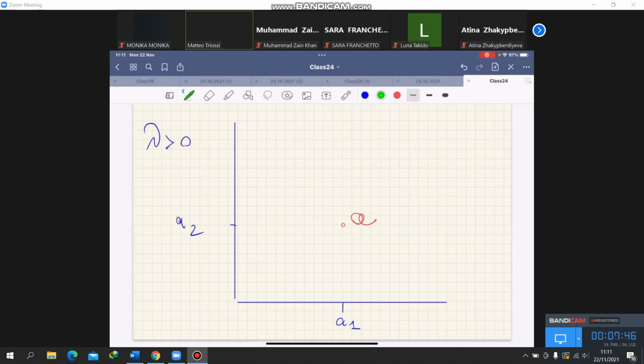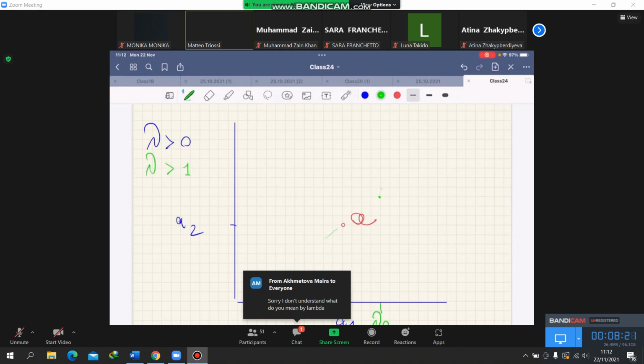So let's assume that lambda is greater than 1 for a moment. And here we have lambda A1. And here we have lambda A2.